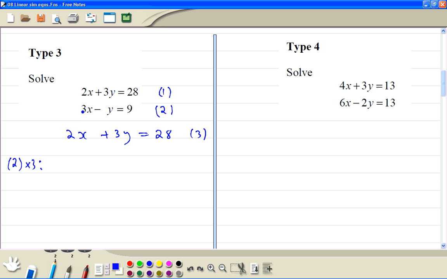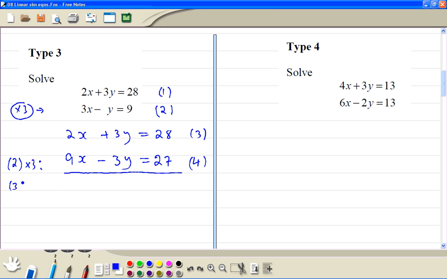So we got 3 times 3 is 9x, minus 1 times 3 is minus 3y, and 9 times 3 is 27. Call this equation 4. Now if we add these two equations, we can eliminate y.